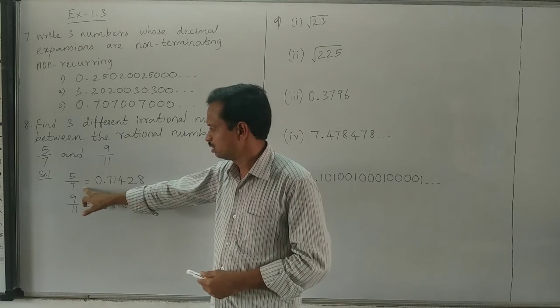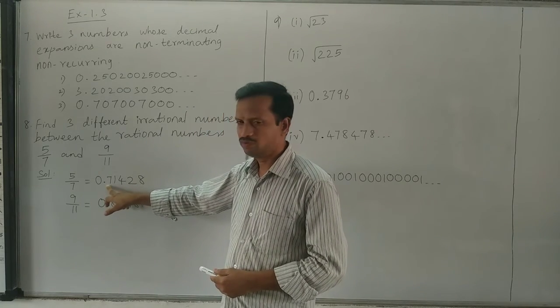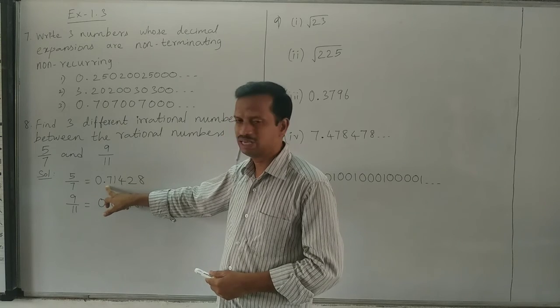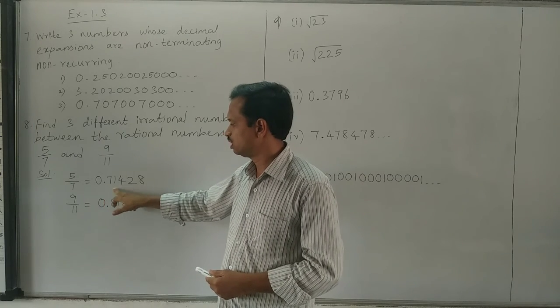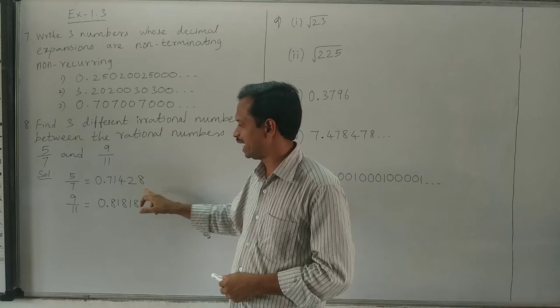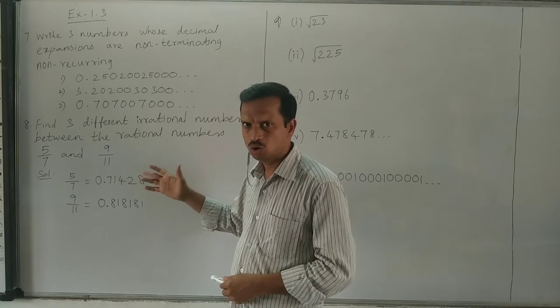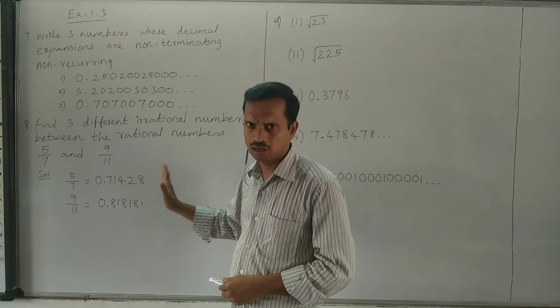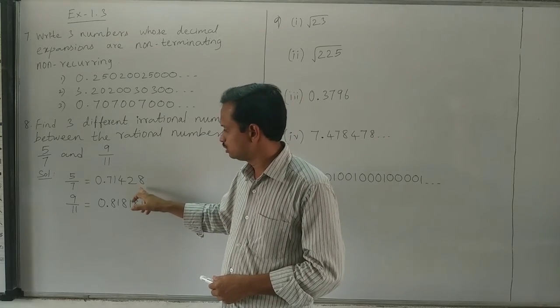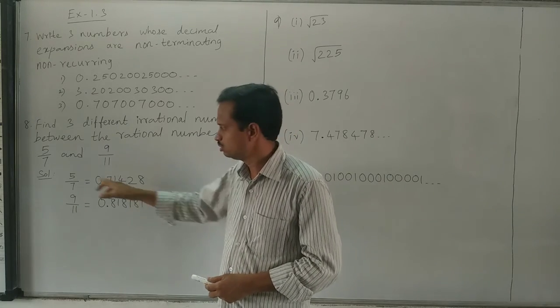You see here 5/7, if you divide, you get the decimal expansion 0.71428, and after 8 no other digit, it terminates. So this is terminating. Okay, so it is rational.